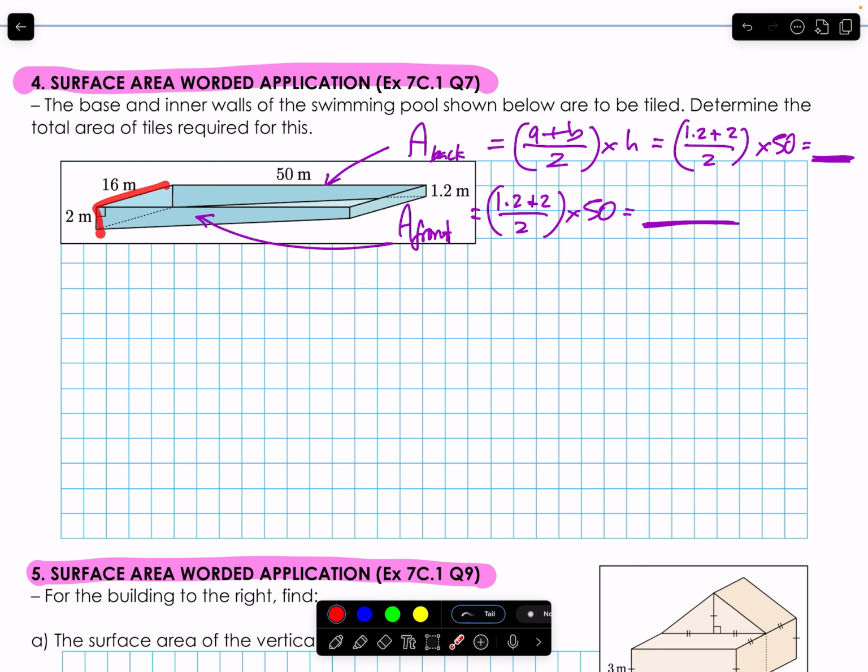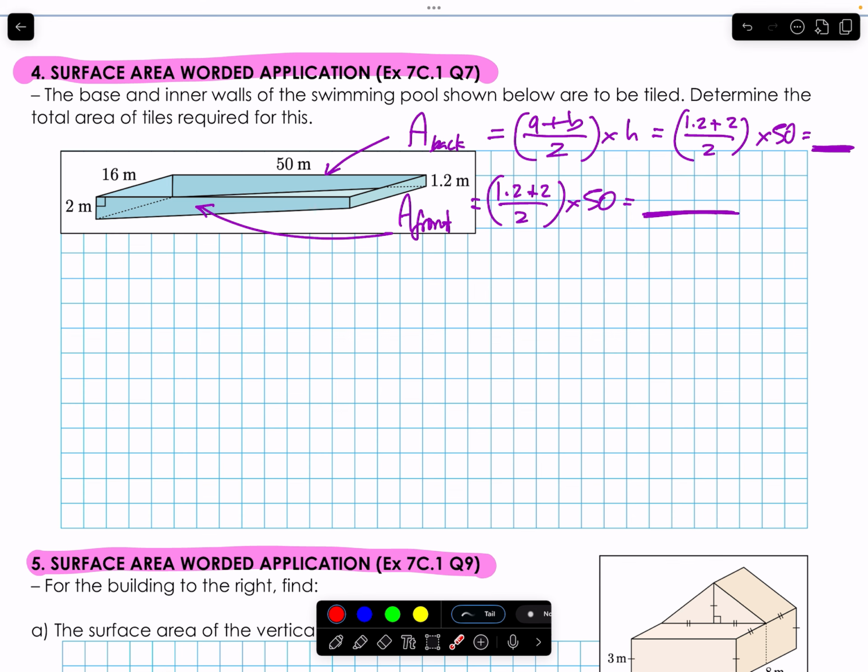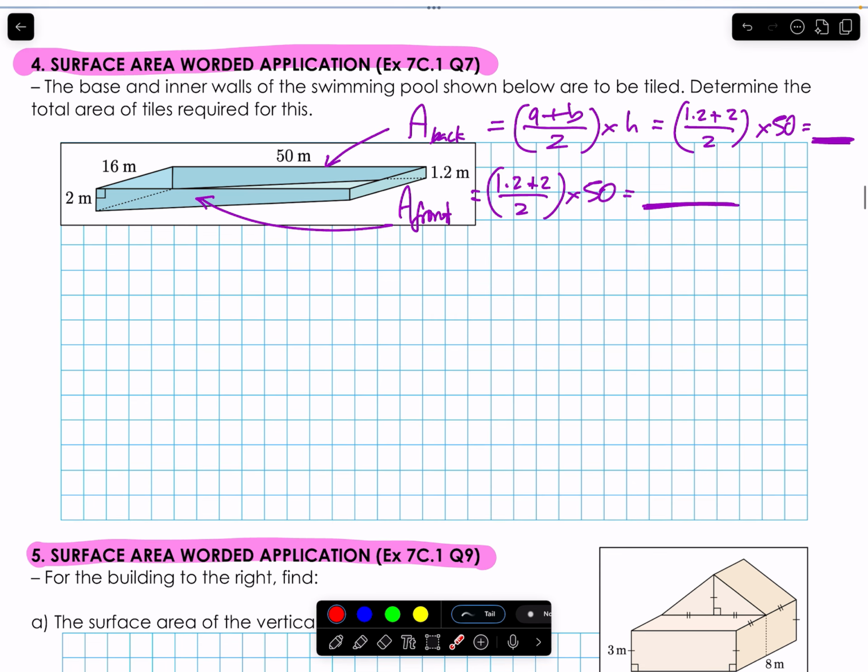So we need to do this, the left and the right, and then we need to do this big flat space here, the diagonal line there. So that diagonal line, we actually need to do some maths for that. I'll do that now. I need to do Pythagoras for that because we don't know how long that long side is there.